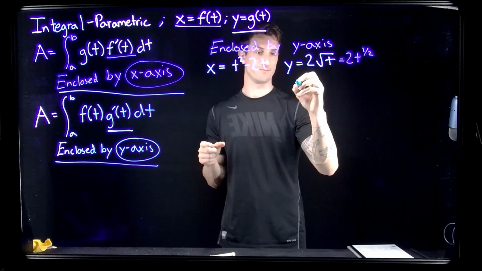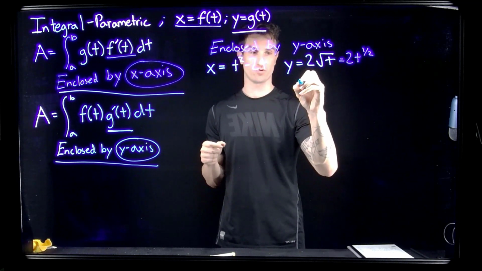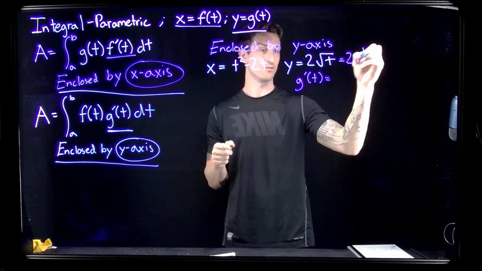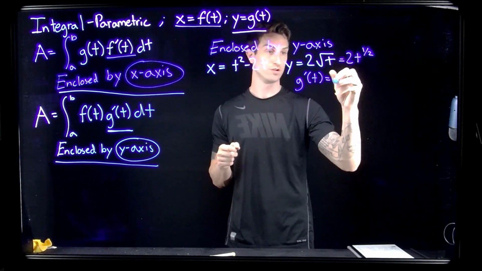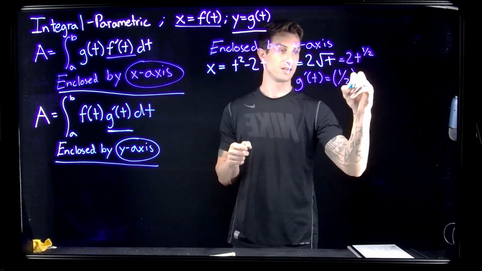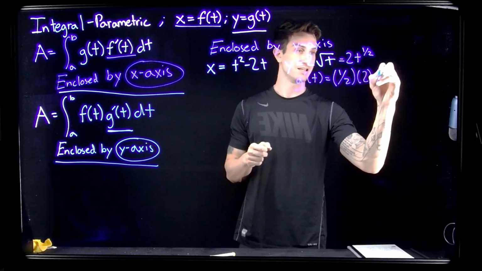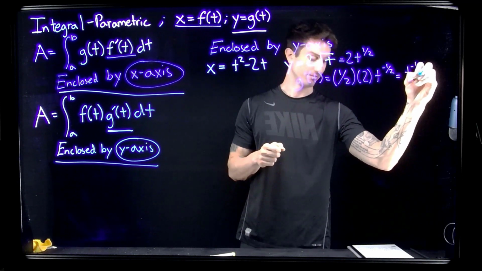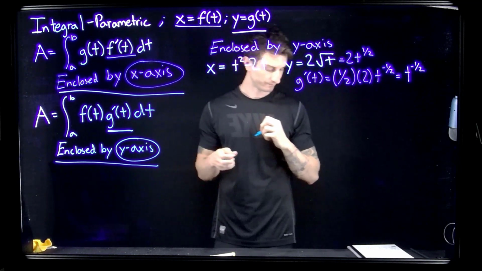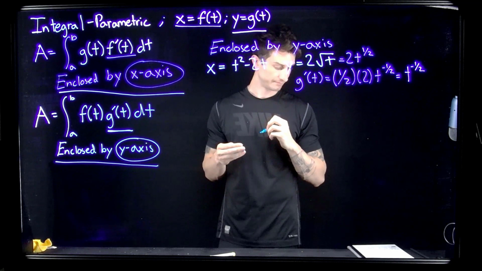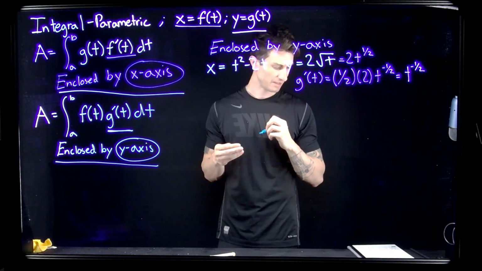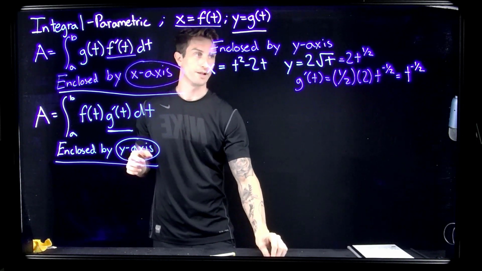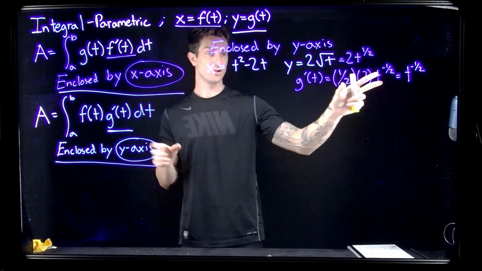We'll write g prime of t is equal to, well, the 1/2 comes down, so 1/2 times 2, t to the negative 1/2, which is just t to the negative 1/2. I switched the problem a little bit, but it shouldn't affect anything. So we have our g prime of t.